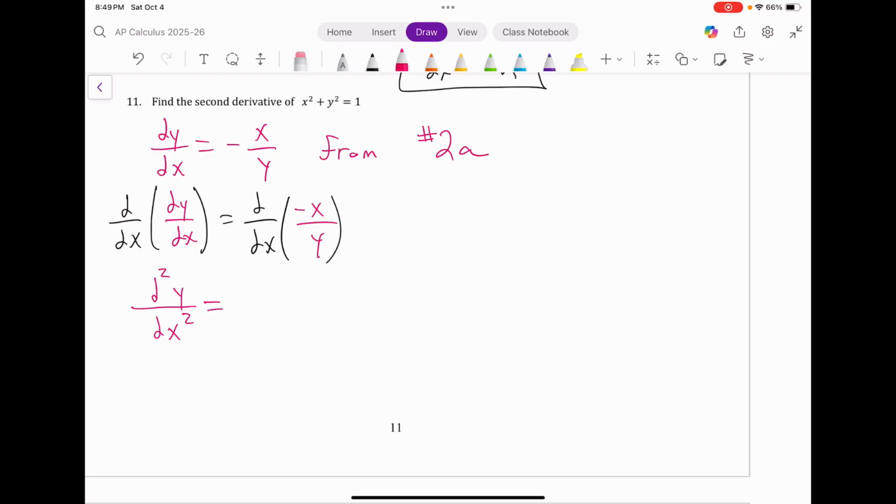So low d high minus high d low, so that's dy dx over low squared. All right. And what do we know dy dx really to be? We know that to be negative x over y. So we're going to replace that on the next line.